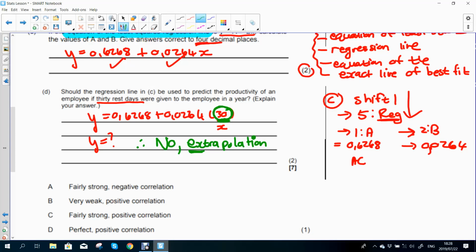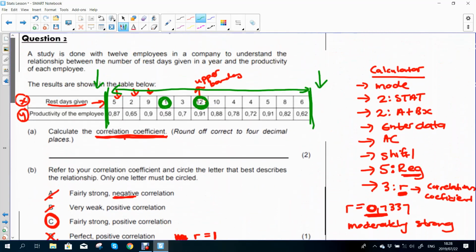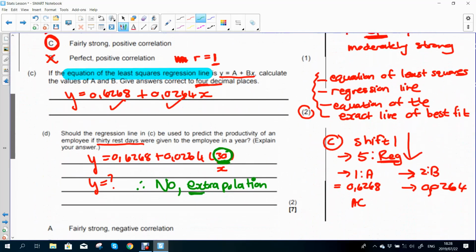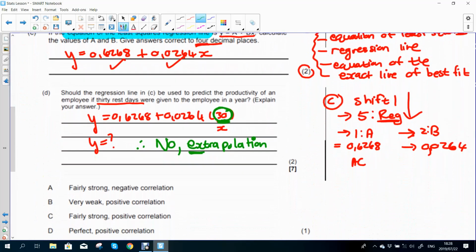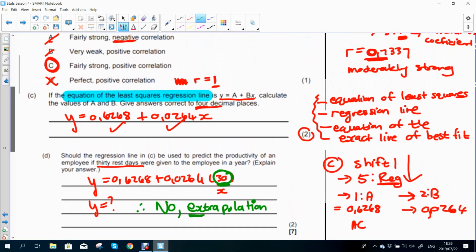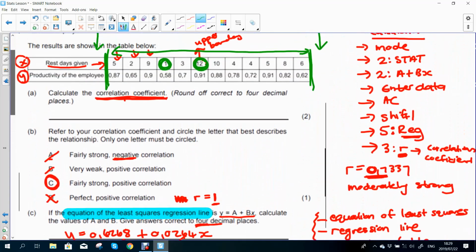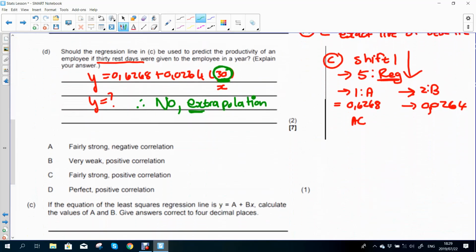If it's inside, guys, so if I said, should this regression line be used to predict the productivity of an employee if, let's say, 7 rest days were given? Yes, of course. Why can I use 7 rest days within the equation? Because now the 7 lies inside my domain. Then you will say interpolation. So those are the two terminologies that you just need to study.